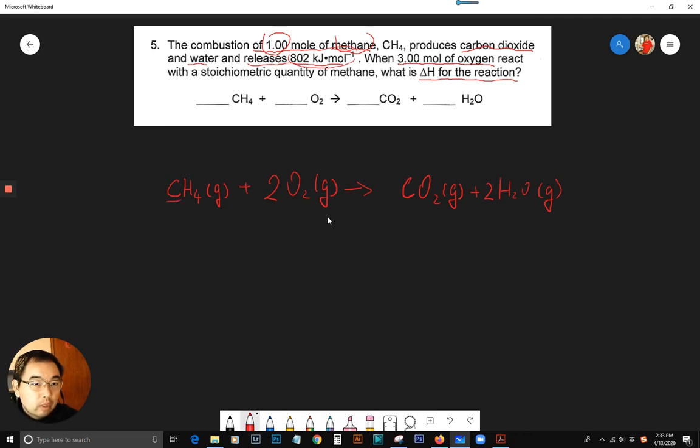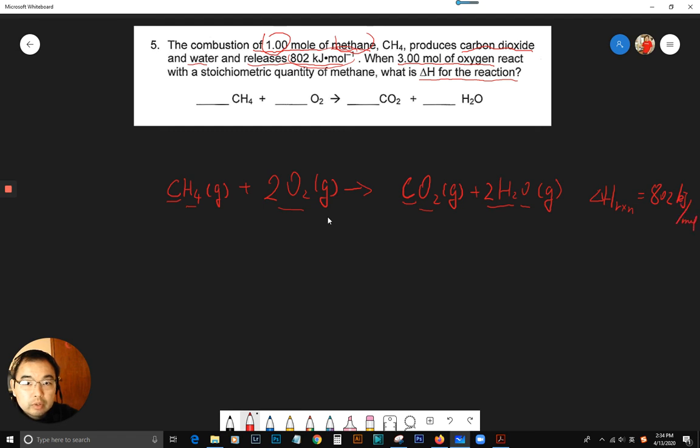Okay, so let's check whether it's already balanced. We have 1 carbon here, and 4 hydrogen. We have 4 hydrogen here, and 4 oxygen. This is 2, and this is another 2, so we have 4 oxygen. So it's balanced. And then we have the enthalpy of the reaction, which is 802 kilojoule per mole.